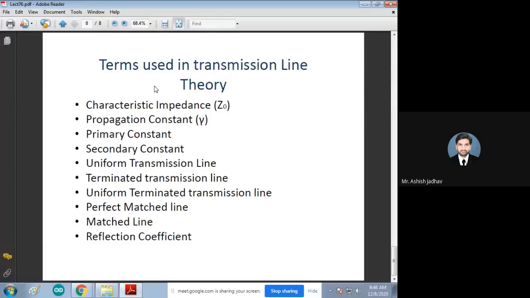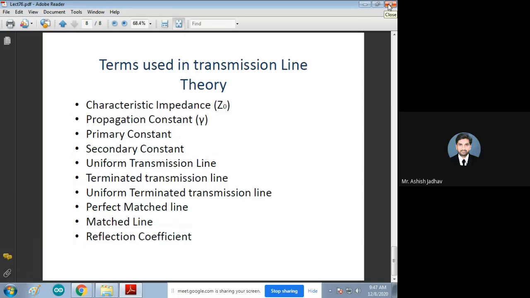Right. So some of the terms which are used in transmission line are: characteristic impedance Z0, propagation constant that is gamma, primary constants, which we have just studied, secondary constants, and uniform. So we had a discussion on this.